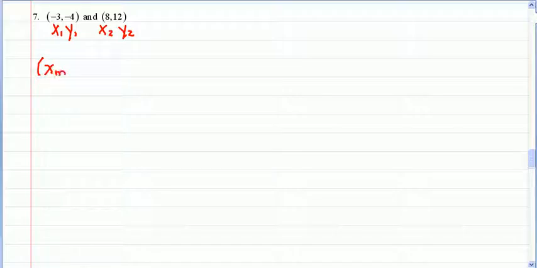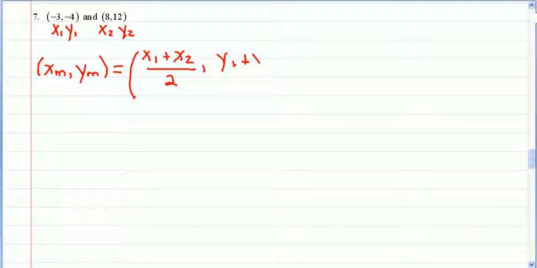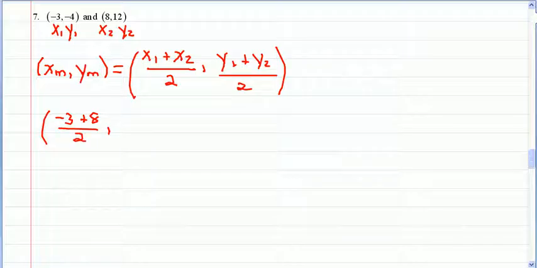The midpoint, x sub m, y sub m, is equal to the x's added together and then divided by 2, the y's added together and then divided by 2, so that we have negative 3 plus 8 over 2, and negative 4 plus 12 divided by 2.